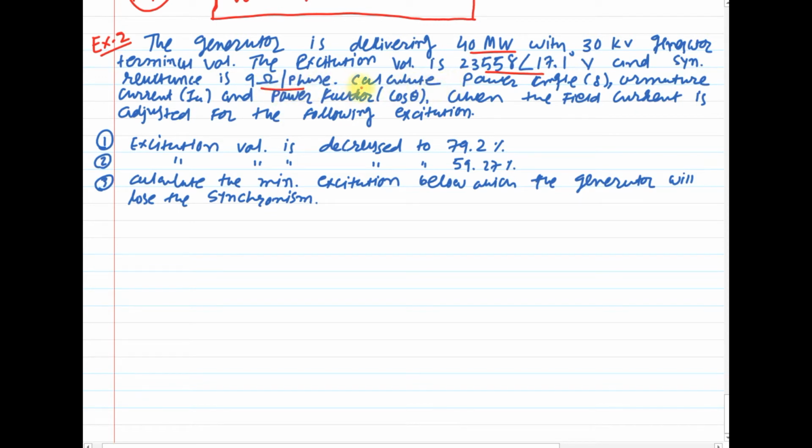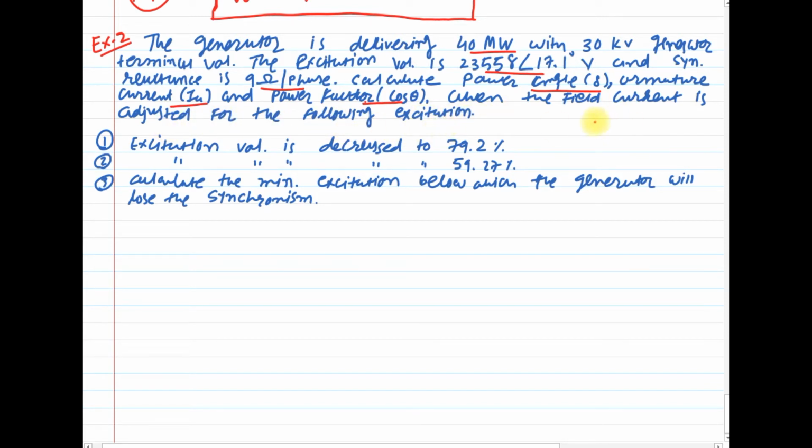For this condition we have to calculate the power angle delta, armature current Ia, and power factor cos theta for the following three cases, when the field current is adjusted for the following excitation.